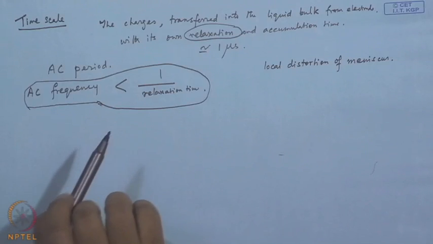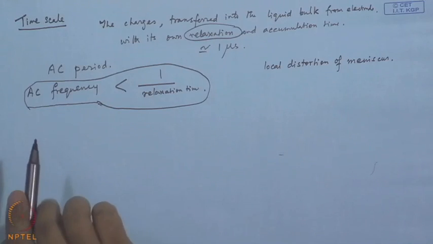Culmination means forming a complete drop and going out. So, you have to ensure that this voltage is applied for sufficient time, so that you are not simply talking about the local distortion of the meniscus.